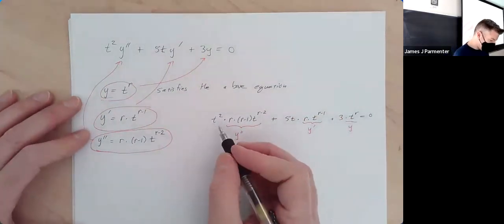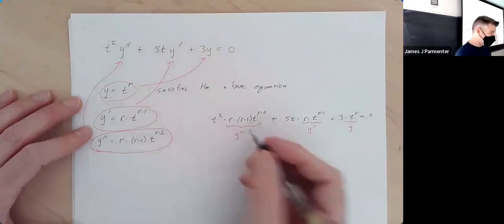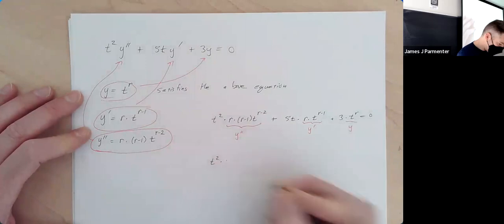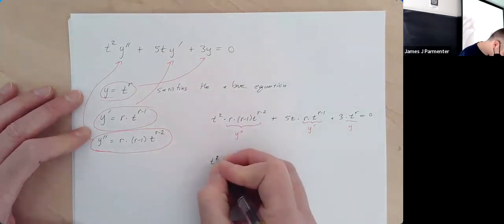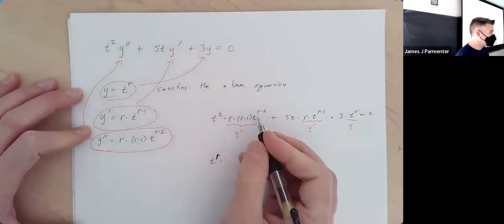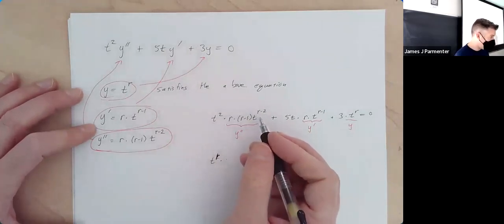So just like I said before, t squared times t to the r minus 2, you add the powers, you get r minus 2 plus 2, which is r.